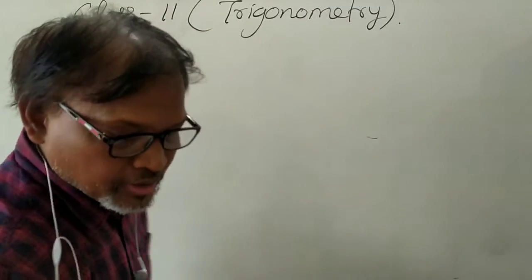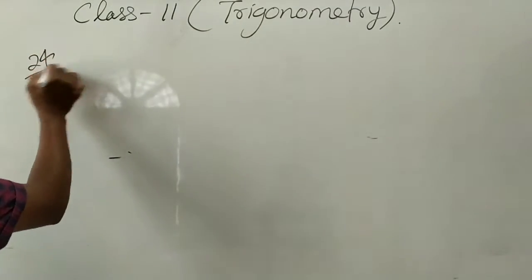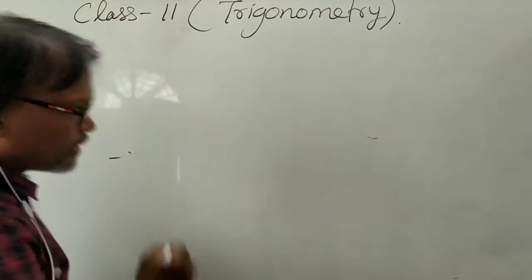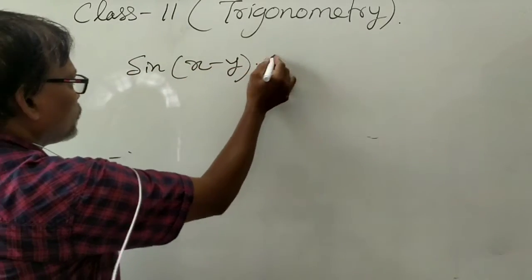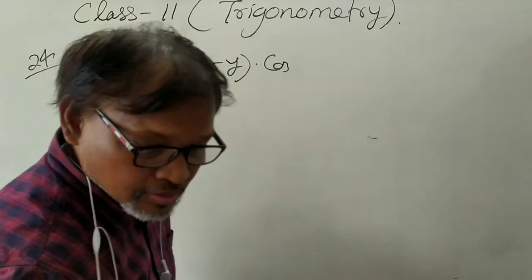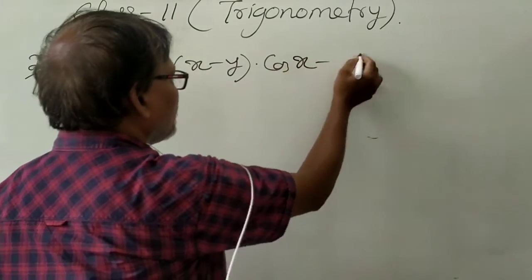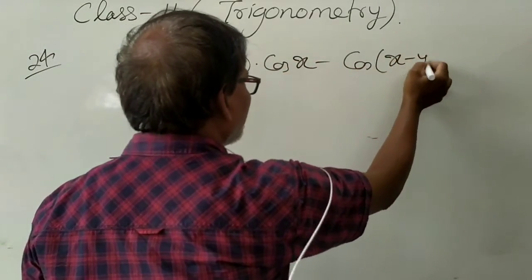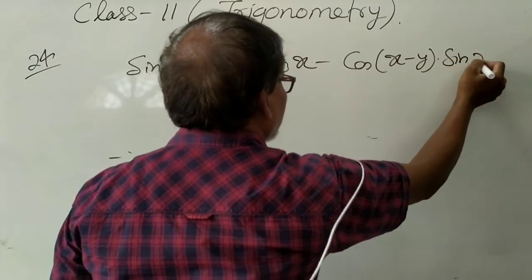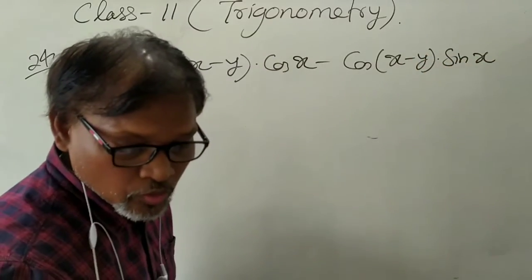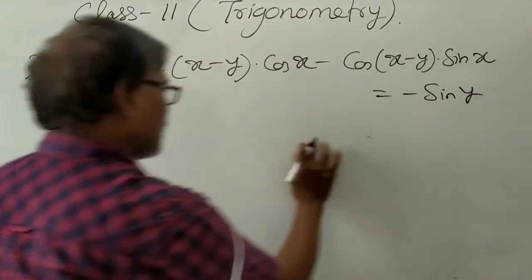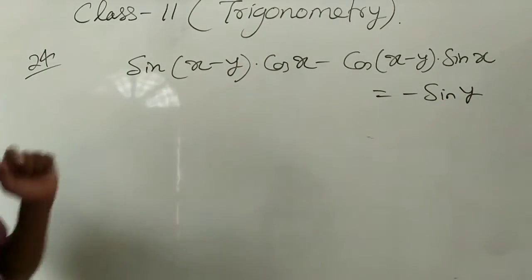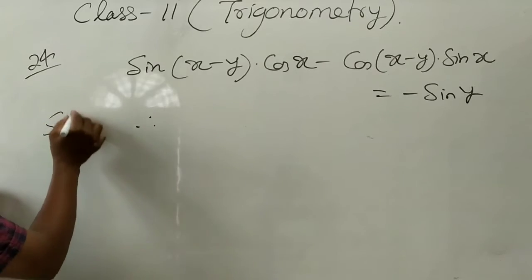Then next question, like question number 24. Prove that sin x minus y into cos x minus cos x minus y into sin x is equal to minus sin y. This you have to show. Again, do you know the formula?